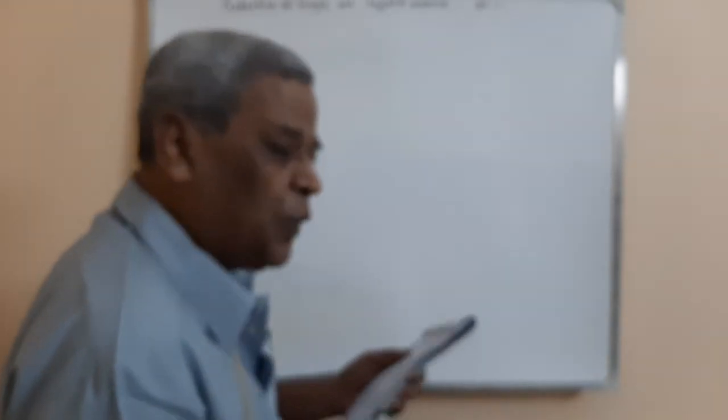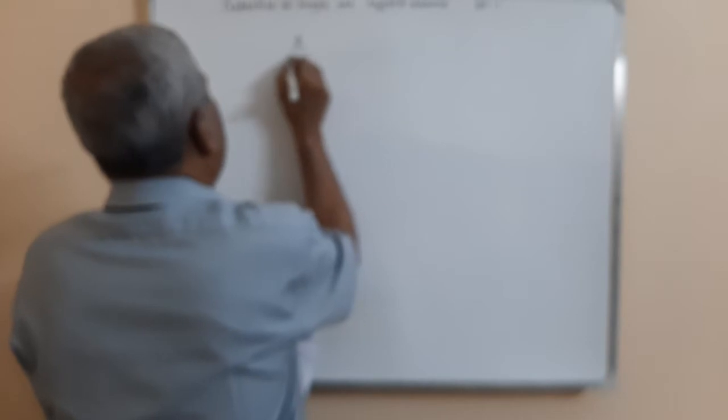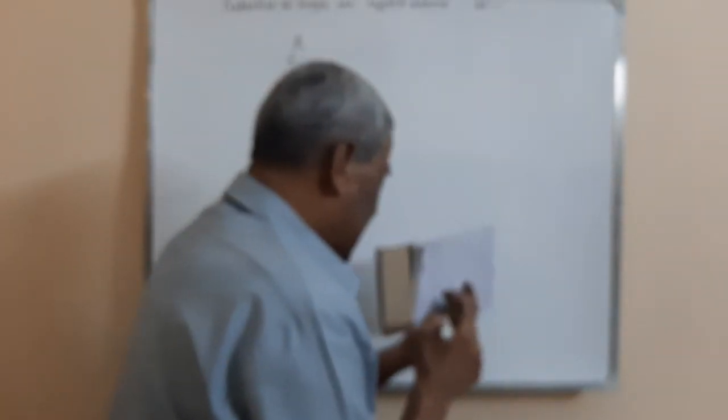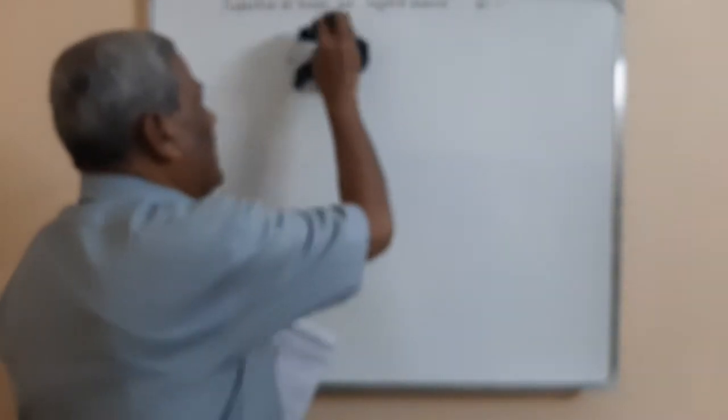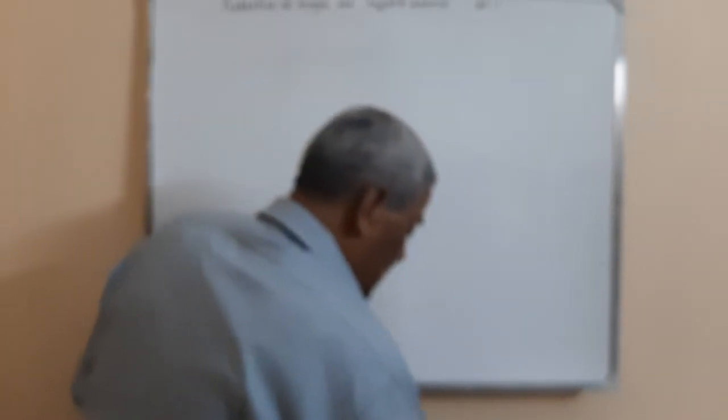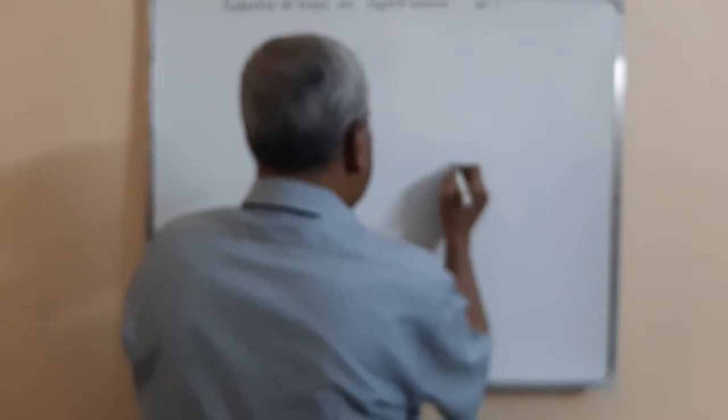One is the sine formula. Before that, you know it well, still I say any triangle has 6 parts, 3 sides and 3 angles.